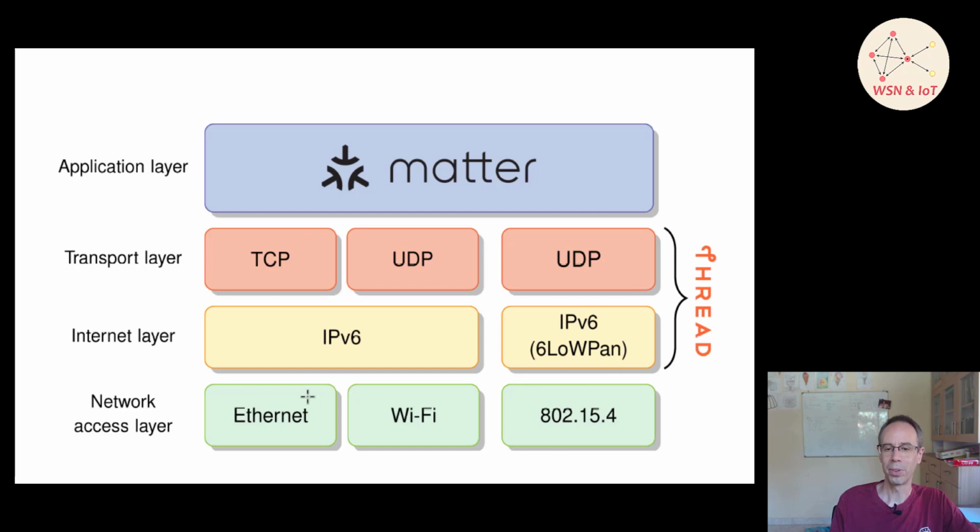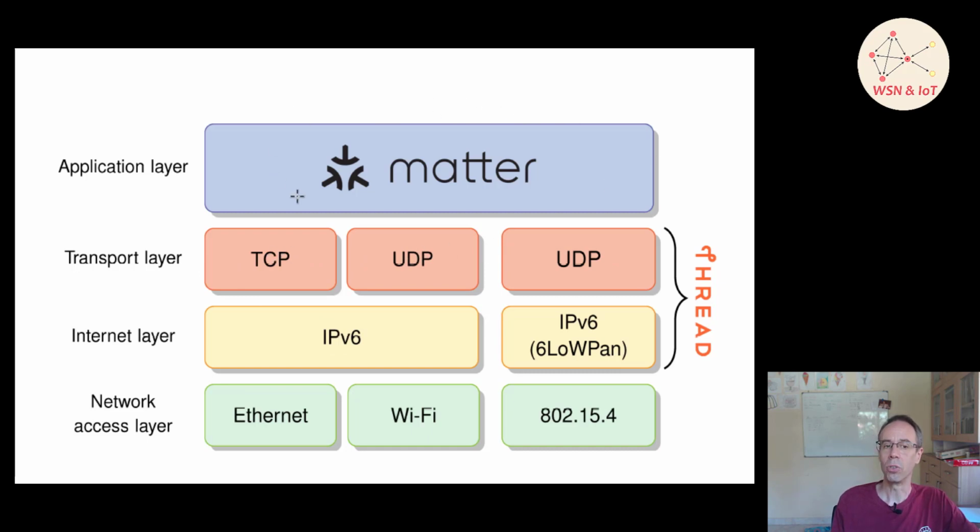On top, we have either Thread or normal IPv6. Thread with IPv6 and UDP, can also be TCP as it's implemented. But normal IPv6 also has TCP and UDP.